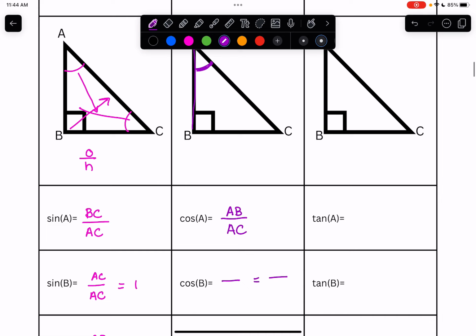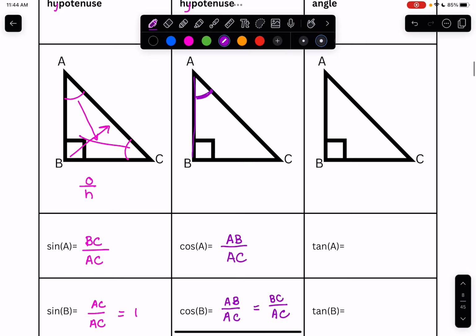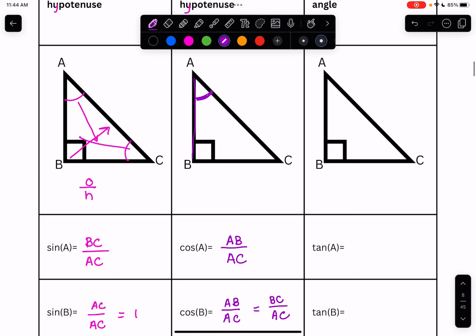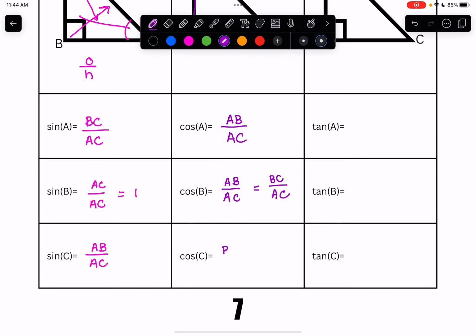We have AB over AC, which is the same as BC over AC, because they're both adjacent. And then for C, adjacent is BC, hypotenuse is AC.